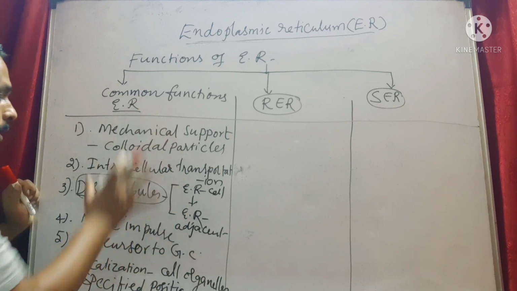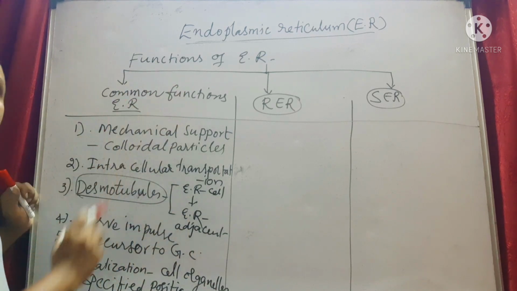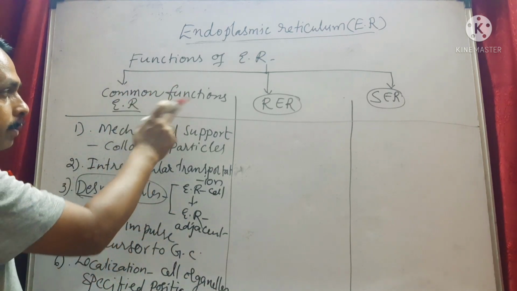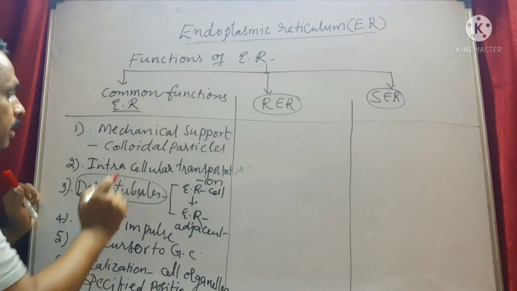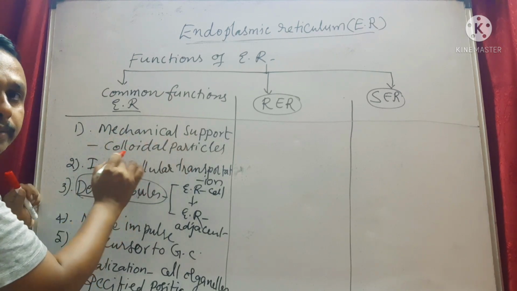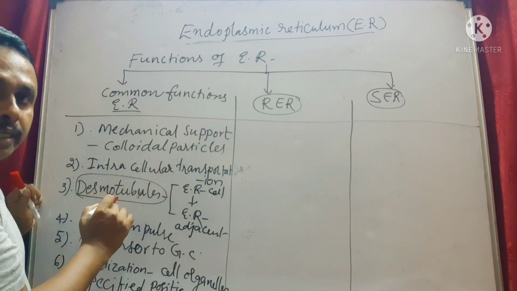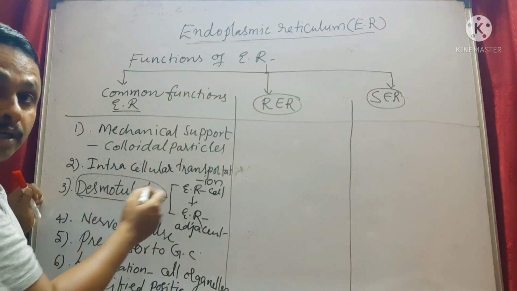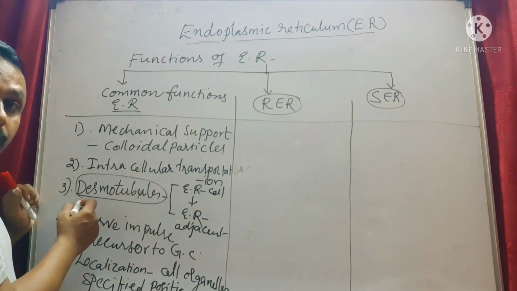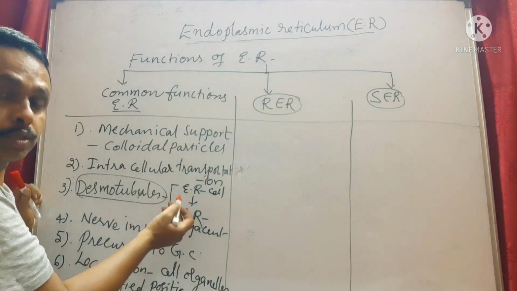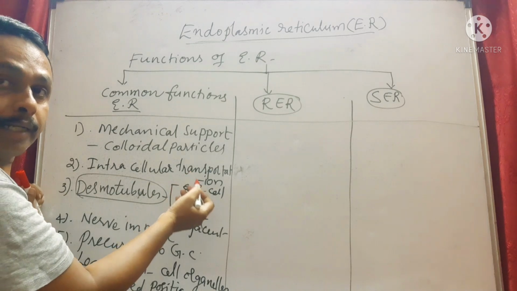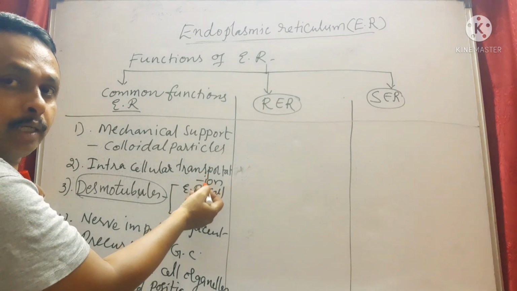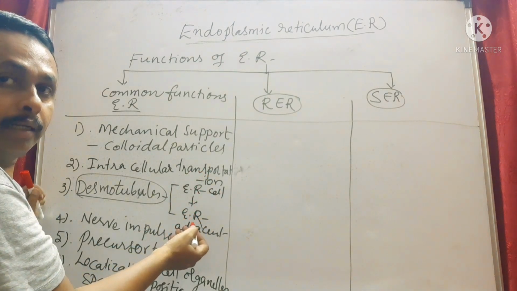So these are the common important functions of endoplasmic reticulum. They provide a mechanical support to all the colloidal particles of cytoplasm of eukaryotic cells, and they are involved in intracellular transportation, and in formation of desmotubules, which help in interconnection of endoplasmic reticulum of one cell to another cell.